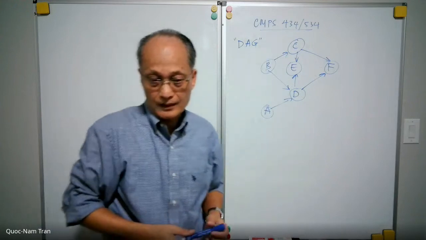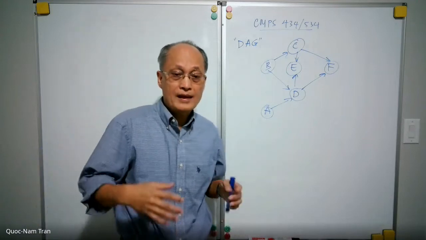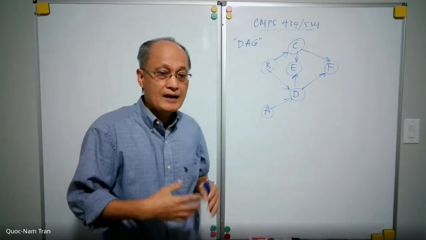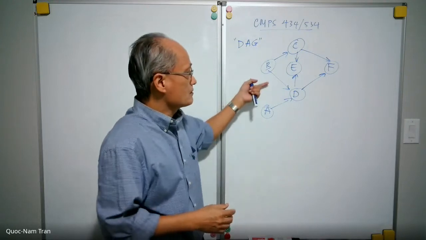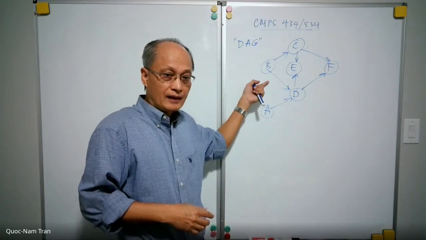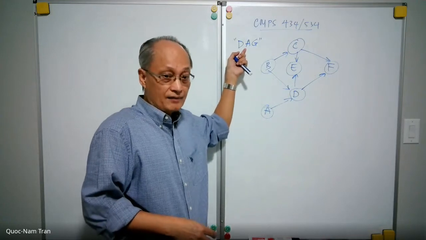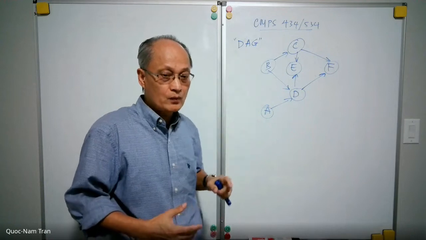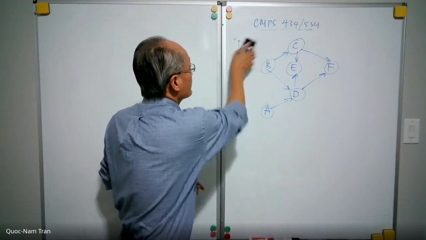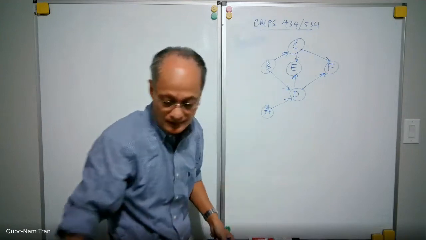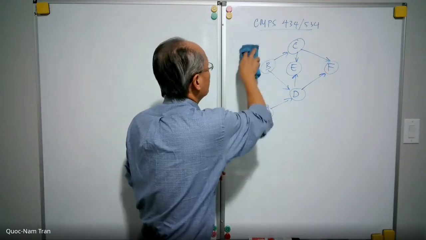Okay, so now the algorithm for depth first search will work with any directed and undirected graph. But here we just pay attention to a directed graph, and it happens to be a DAG as well. But the algorithm will work even with a non-DAG graph.